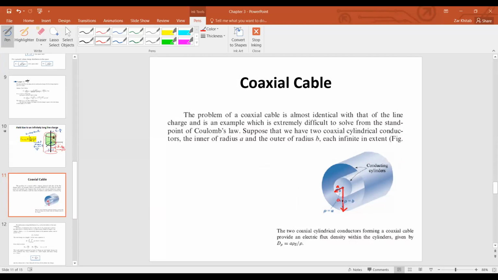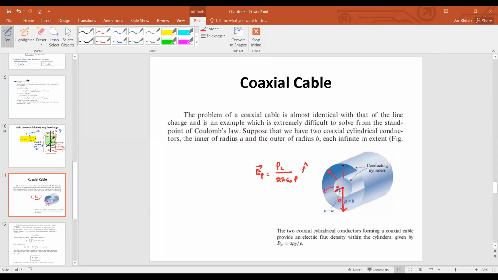So you can see that the electric field is E rho in the direction rho. It's a vector quantity. It will be rho L divided by 2 pi epsilon naught rho in the direction rho. So as the electric field moves from the inner wire to the outer wire, it will decay.